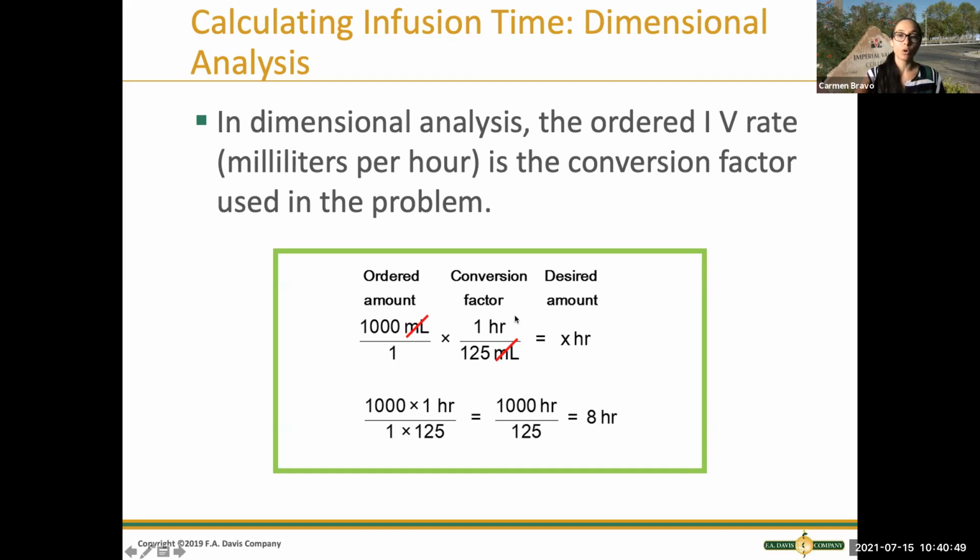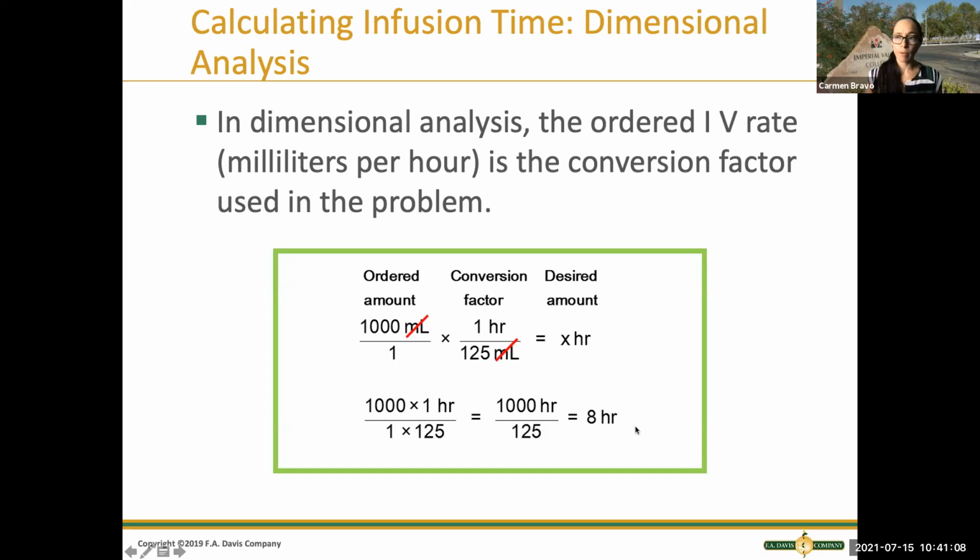To calculate the infusion time, I just have to divide them: 1,000 over 125, and my infusion time is going to be 8 hours. That's what I mean by calculating the infusion time, how long it's going to take for this infusion to be over.